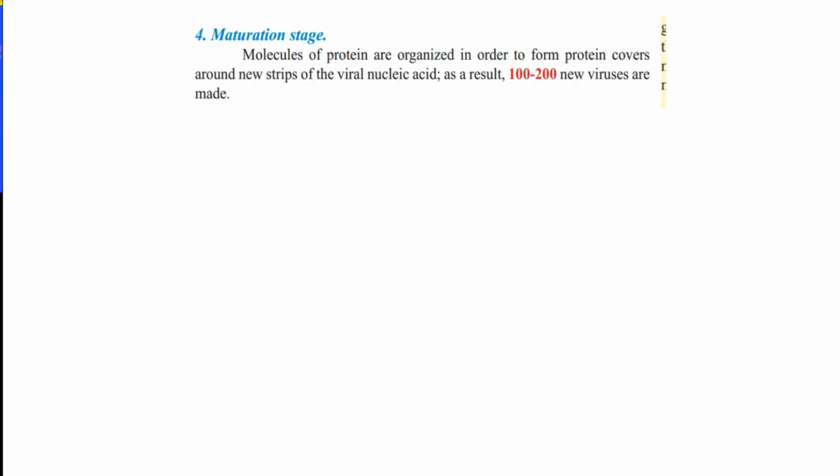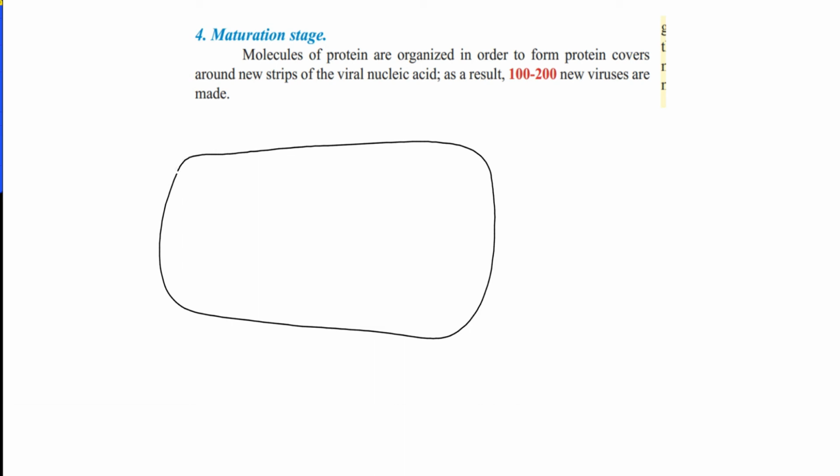In next stage, the maturation stage, again bacteria. In cytoplasm of bacteria, a lot of viruses are produced. So we remember in previous stage, pieces, proteins and DNA are produced, but in maturation stage, these pieces, protein molecules and DNA are organized in order to form the protein covers around the new strips of DNA.